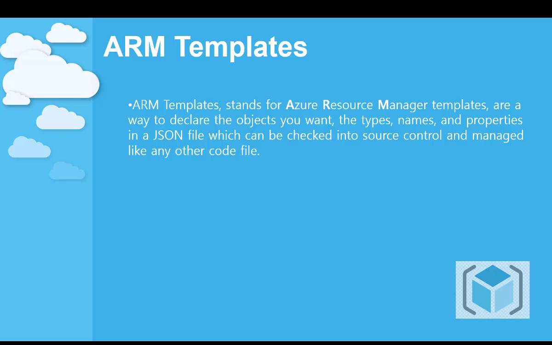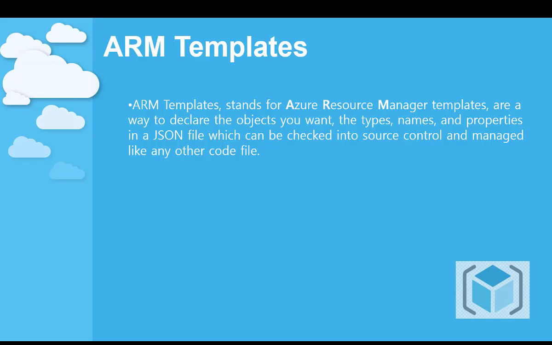So, what is ARM and what are ARM templates? Azure is managed using an API. Originally, it was managed using the Azure Service Management API, or ASM, which controlled deployment of what is termed Classic. This was replaced by the Azure Resource Manager, or ARM API.